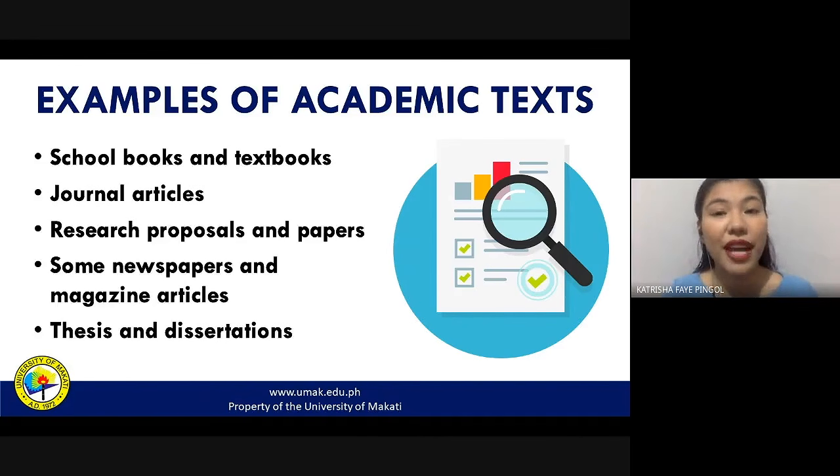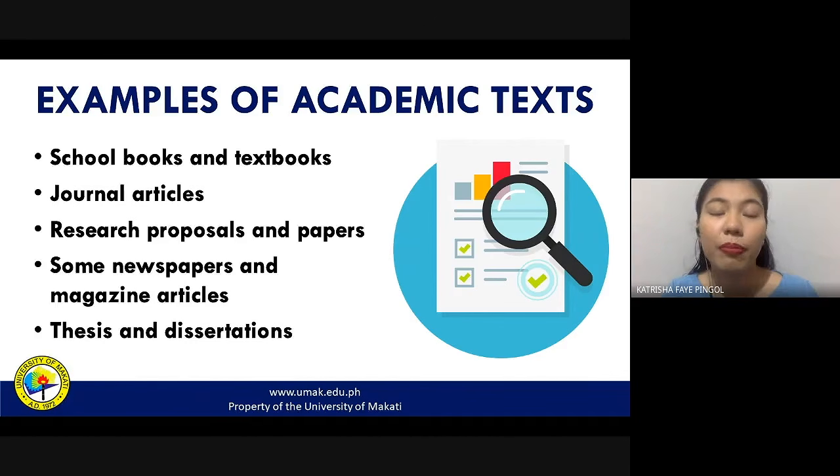Some examples of academic texts include school books and textbooks, the ones that you typically use in school or in the university. Journal articles are also considered to be academic texts, and so are research proposals and papers. Some newspaper and magazine articles are considered to be academic texts, particularly if these are broadsheets.